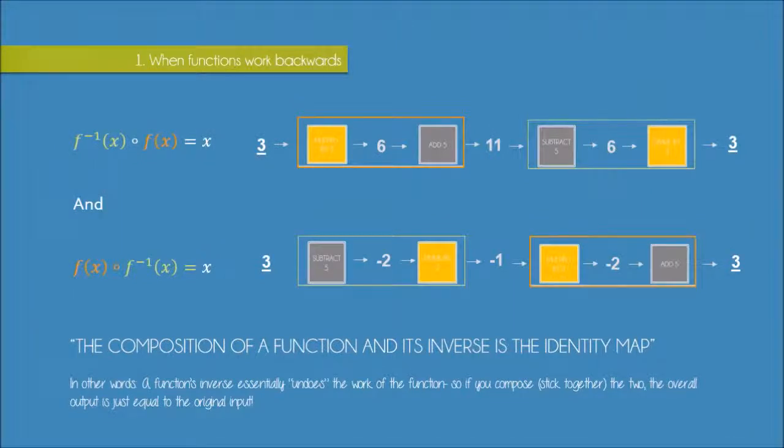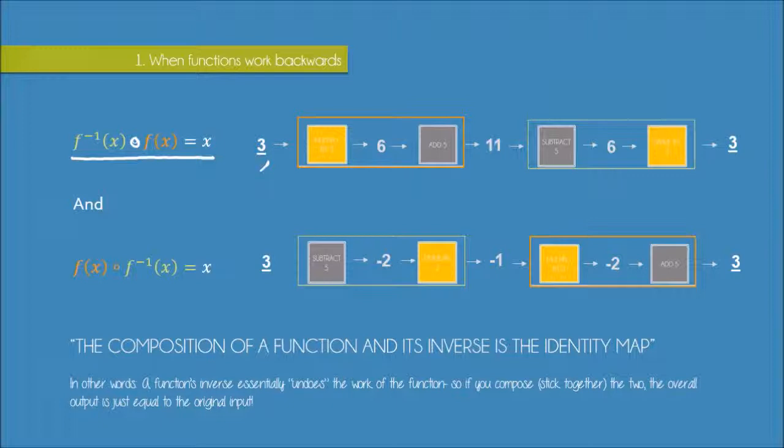So the idea of a function and its inverse being the reverse of each other is just what I've got illustrated here. Except I've introduced also the idea of the composition of a function and its inverse. Because remember, when we have a composition of two functions, it just means that we are arranging the two functions in series, one after the other. And also remember that this little circle here means after.